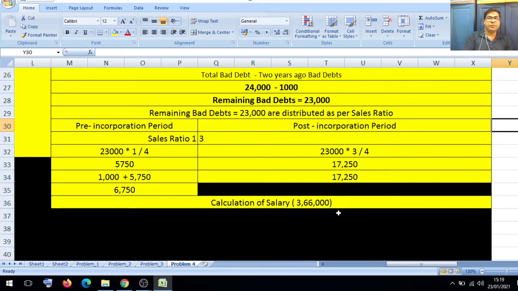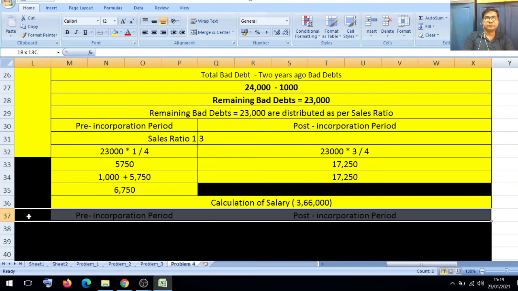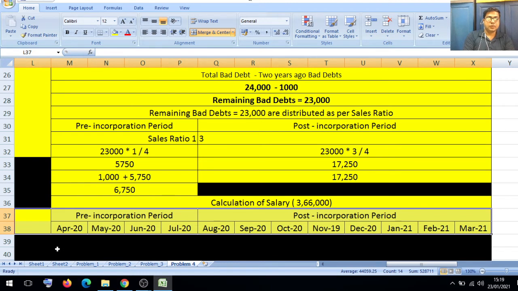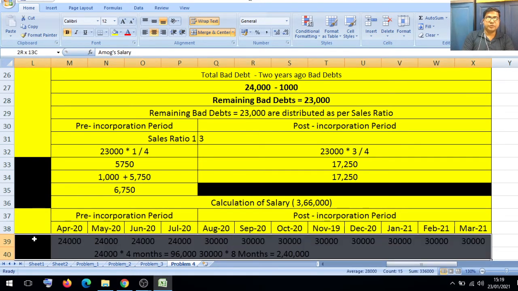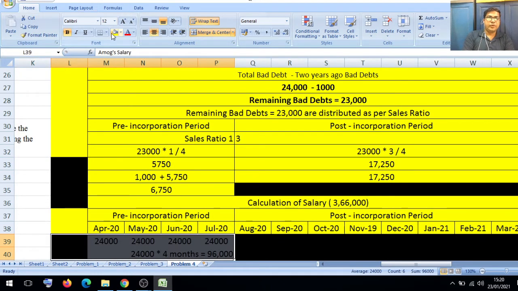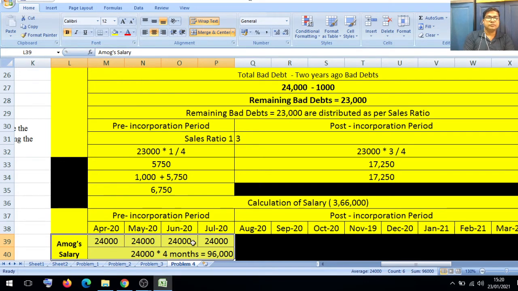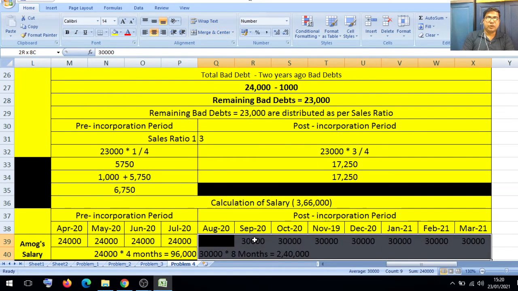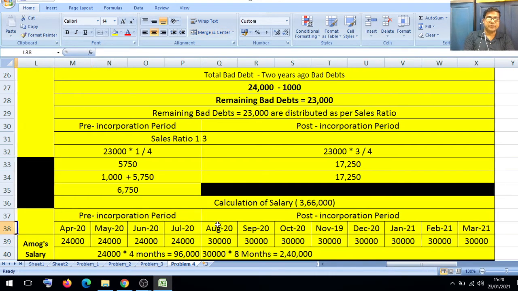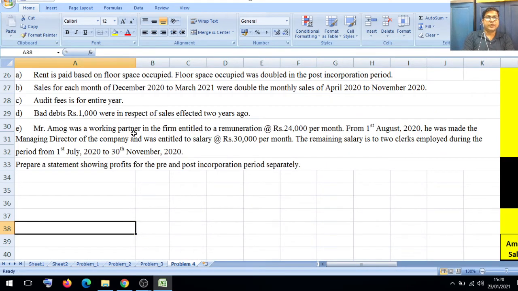Salary rupees 3,66,000 should be allocated to the pre and post periods. Among's salary was 24,000 per month, and from August onwards it became 30,000 per month. As the problem says, Among was a working partner who received 24,000 per month, and from August onwards he received 30,000 per month.